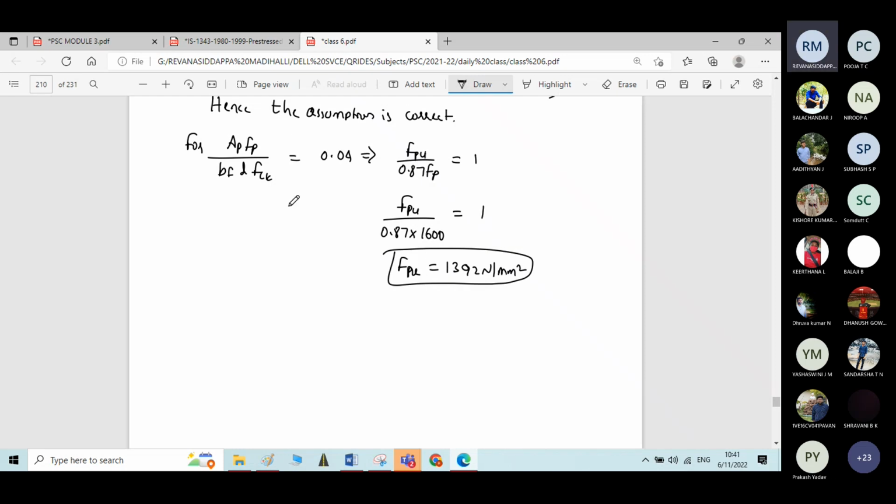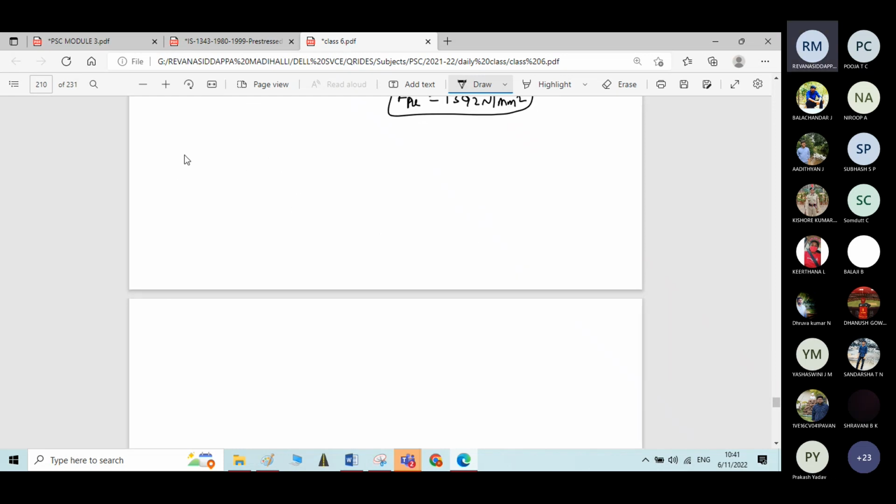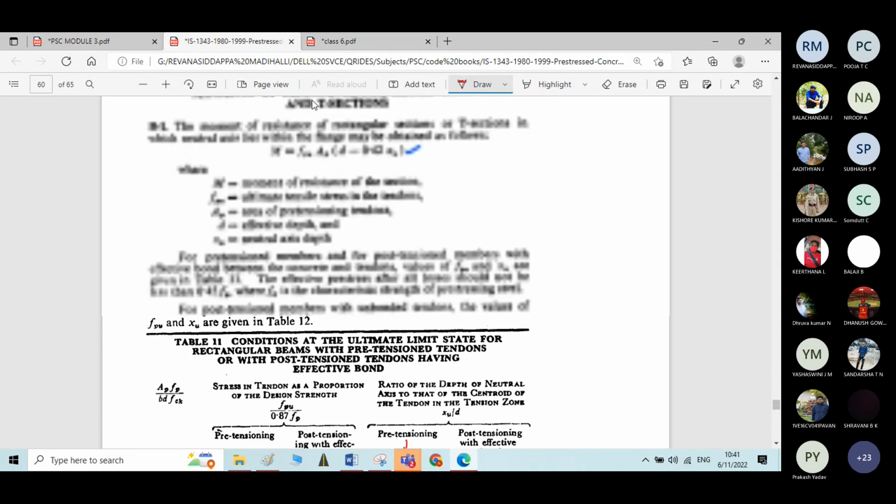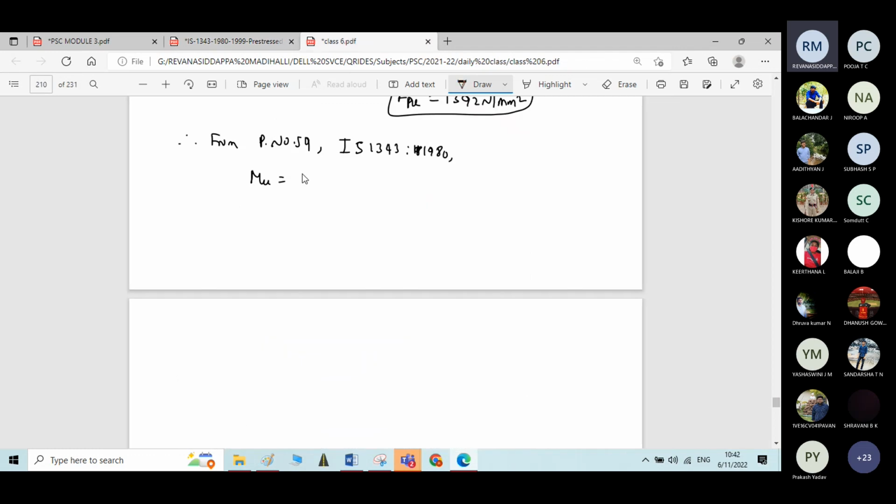Now you can utilize the formula from page number 59 of IS 1343 1980. We have the formula for Mu is equal to FPU into AP into D minus 0.42 XU.